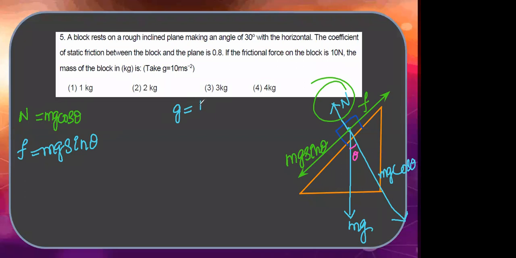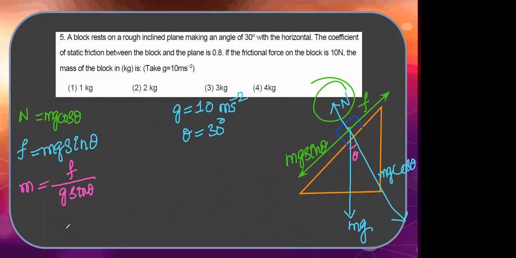Acceleration due to gravity we will take as 10 meters per second square. Then mass m is equal to F divided by g sin theta. The angle theta is given as 30 degrees.